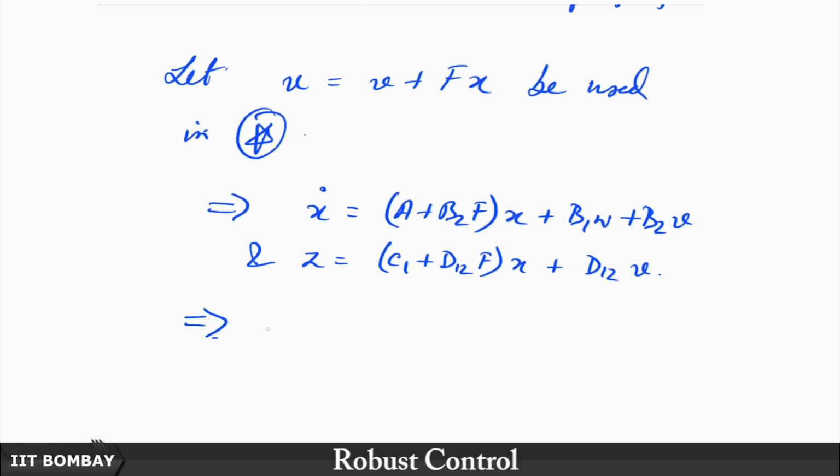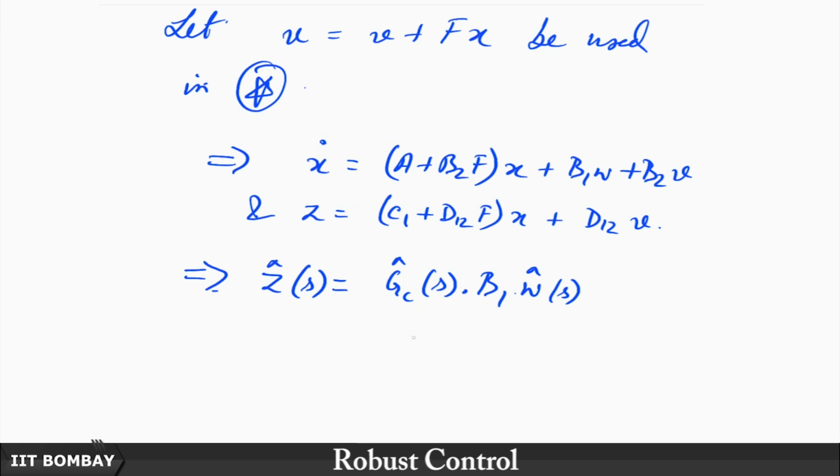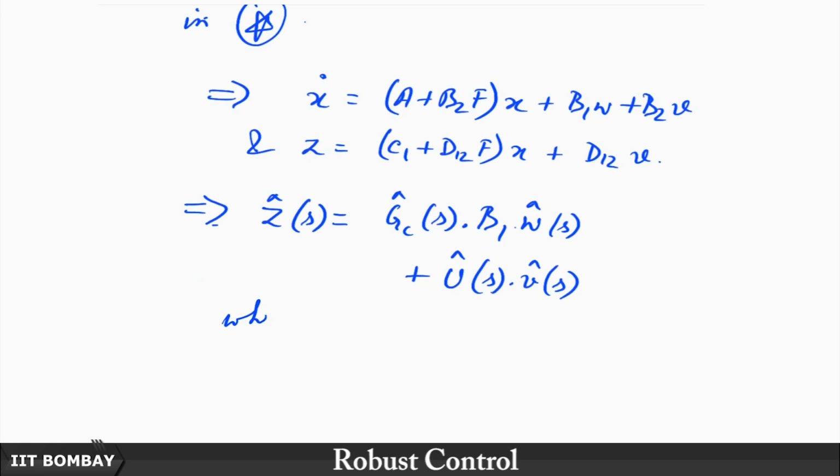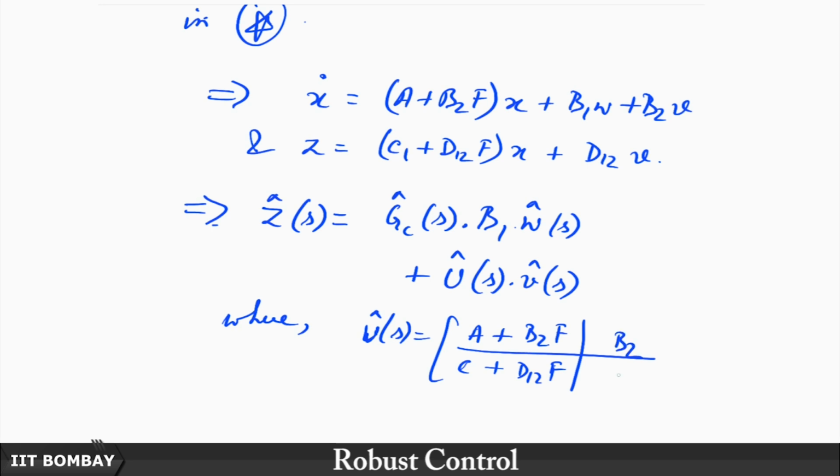In other words, if we now look at the transfer function, then z hat s is equal to G_C hat s times B1 w hat s, plus U hat s times v hat s, where U hat s is [A plus B2 F, B2; C1 plus D12 F, D12]. Fantastic. What do we have now?